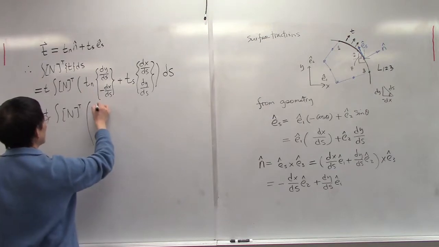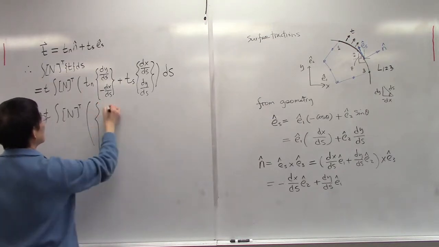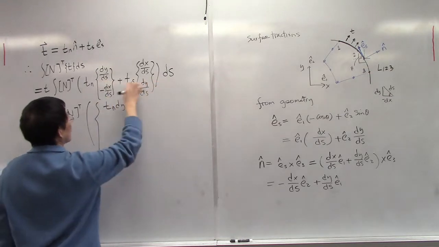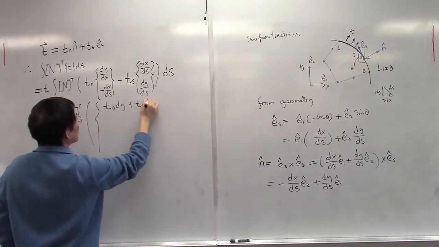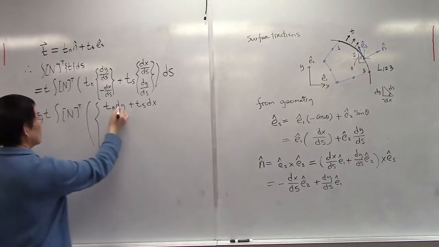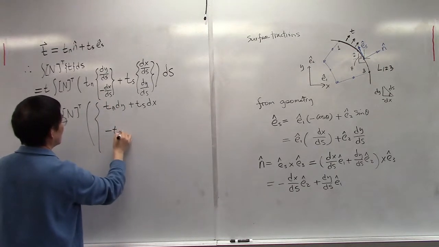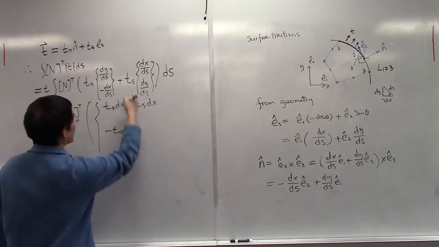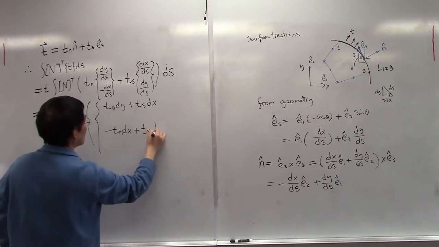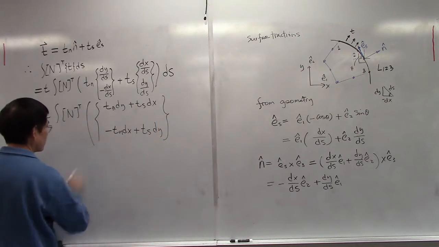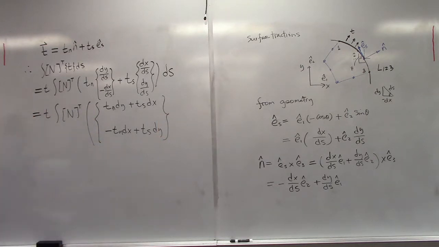So the first one here is Tn dy, because ds cancels that, and then plus Ts dx. And the second one here is negative Tn dx plus Ts dy. Like that.